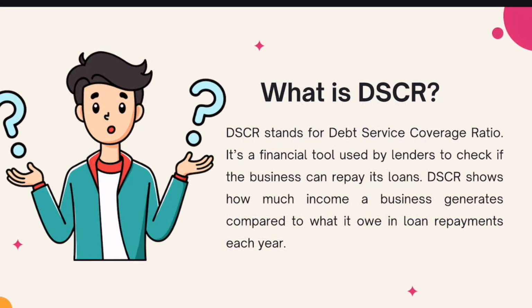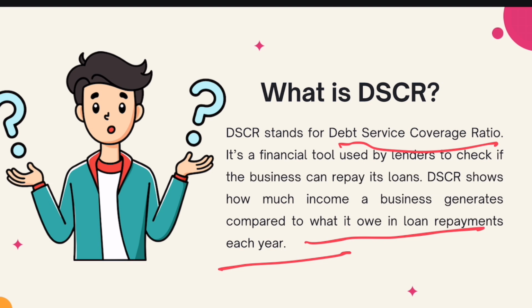So what is DSCR? DSCR stands for Debt Service Coverage Ratio. It's a financial tool used by lenders to check if the business can repay the loans. Simply put, DSCR shows how much income a business generates compared to what it owes in loan repayments each year.